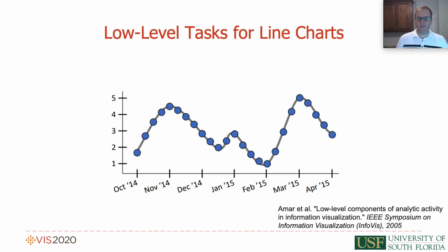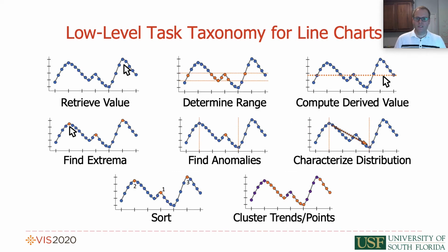Let's begin by discussing the visual analytics tasks we consider. We selected a set of low-level tasks performed on line charts based upon Amar et al.'s low-level task taxonomy. We selected 8 visual analytics tasks, as seen here.